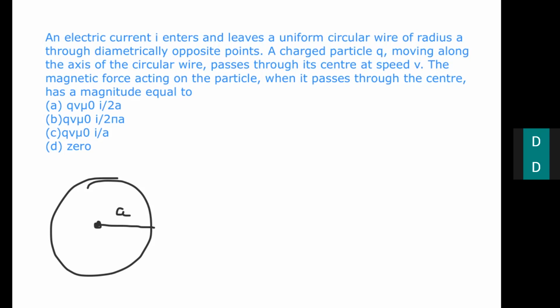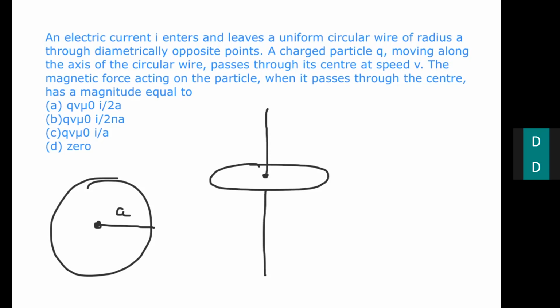So no magnetic force will act on it, as the angle between the magnetic field and the velocity is 0. Let me just determine the axis first of all. The axis should be like this. If I redraw this, then this should be the axis.